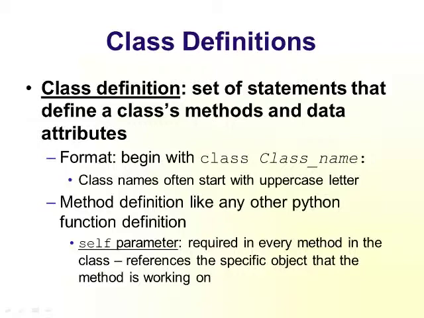Class definition: whenever we write a class, we have to define the class. A class definition is a set of statements that defines the methods of the class and defines all the data attributes of the class. The method definition, which is the function definition, is just like any other Python function definition.